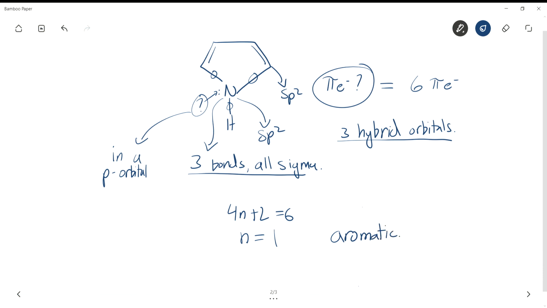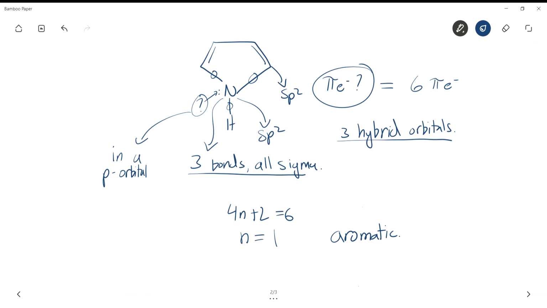Heterocycles are a little tricky because you have to assess the hybridization of the atom in the ring, that's the heteroatom. Remember that heteroatoms take the same hybridization as the carbon that they're attached to. You can then do an elimination type of workup like I did: if it's sp2, you have 3 hybrid orbitals.